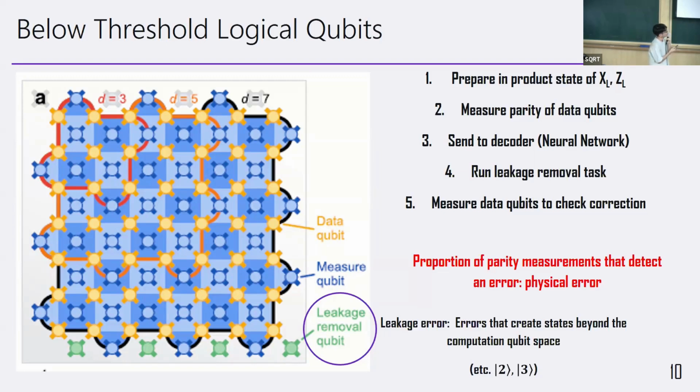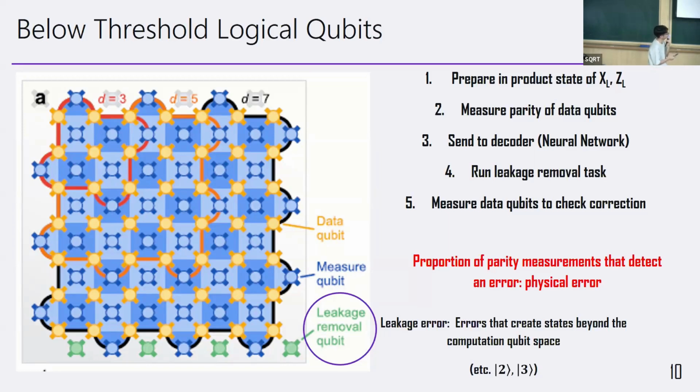Afterwards, you run the leakage removal task. For example, if some qubits go to 2 or 3, you use these qubits to reset this. These are basically like dual rail qubits. I won't go into too much detail, but these qubits' jobs are to detect where the leakage error occurred and what the original qubit state was. And finally, you measure these static qubits and you correct them in real time using the decoder.